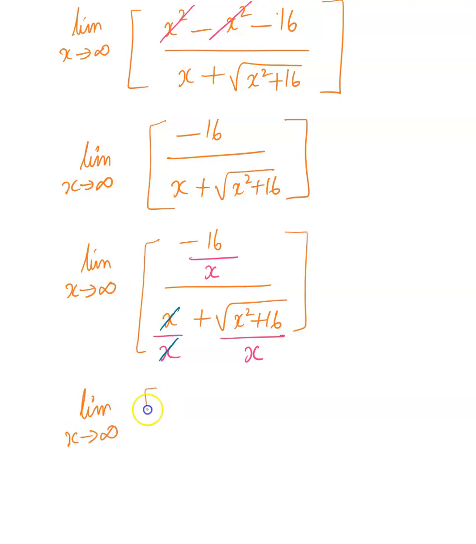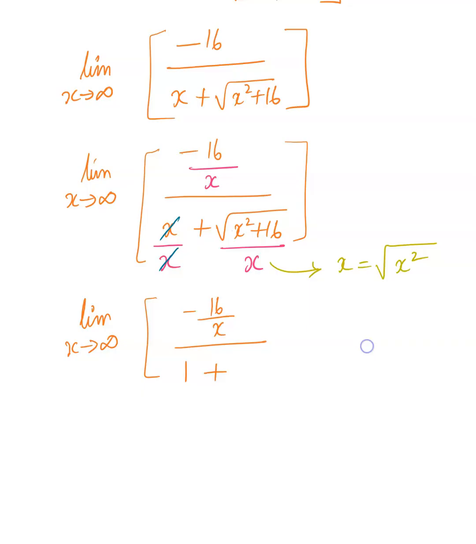Now we know that this is negative 16 over x over 1 plus. Why not write this x as square root of x squared? That's possible, right? That way I can merge it with the square root situation that I have there.